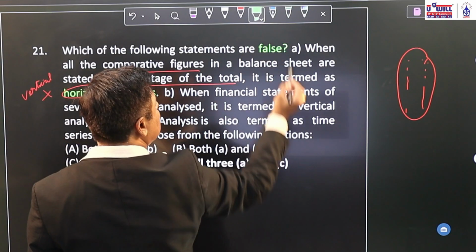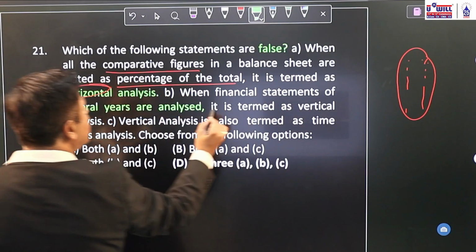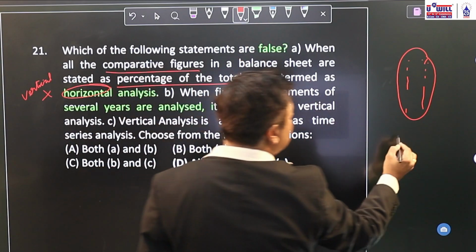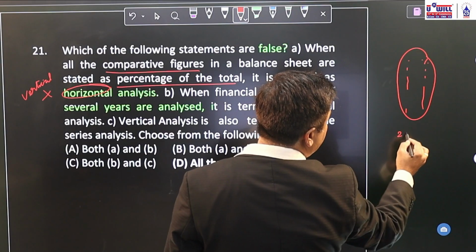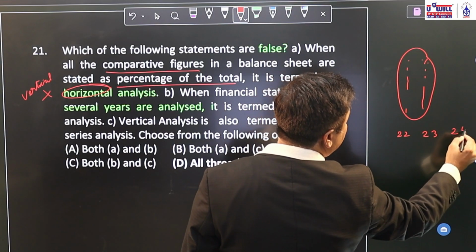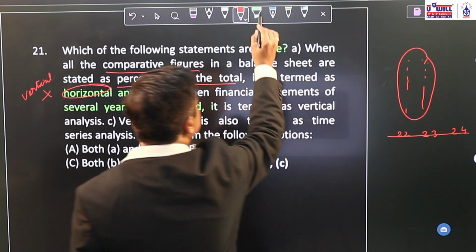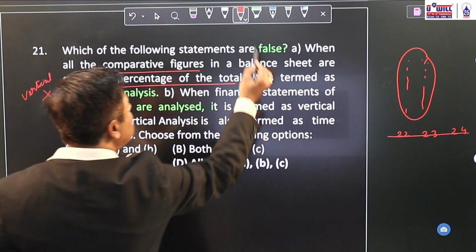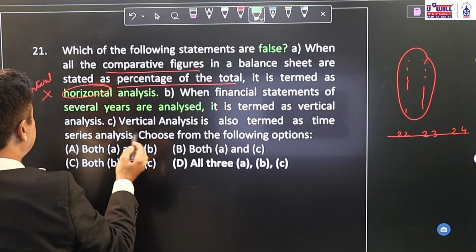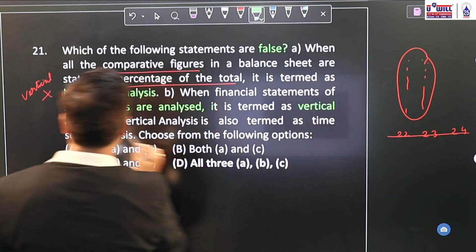When financial statements of several years are analyzed, several years means year 2022, 23, 24, so they are horizontal analysis. Okay. Then it is termed as vertical analysis. Wrong.